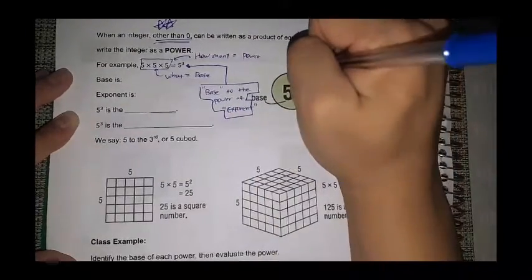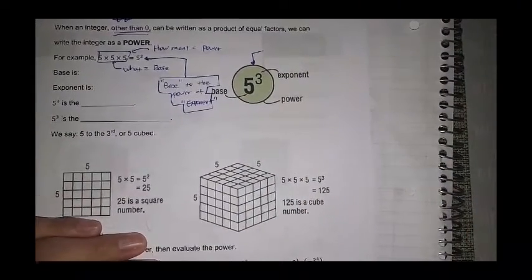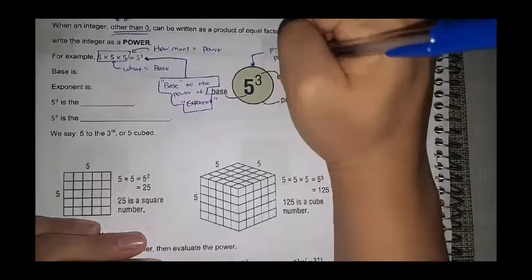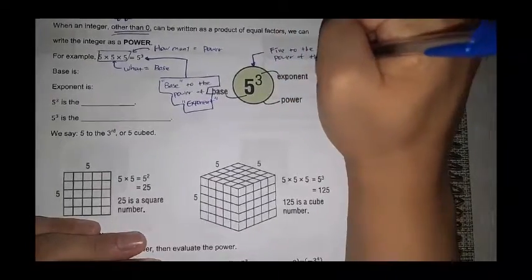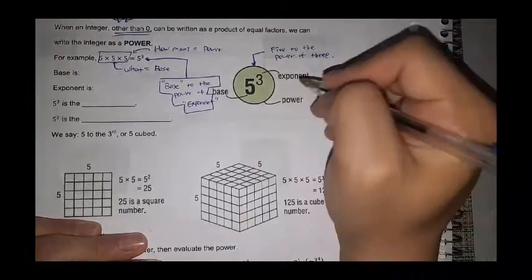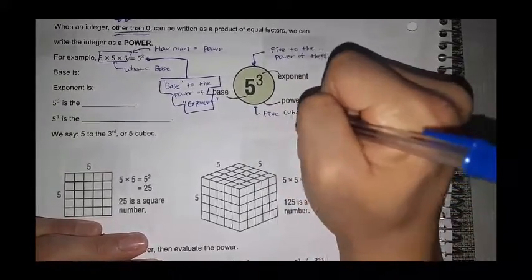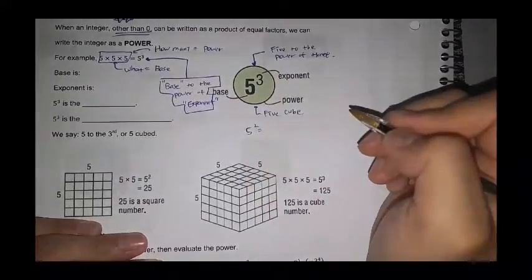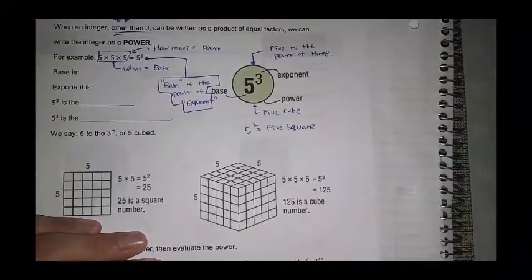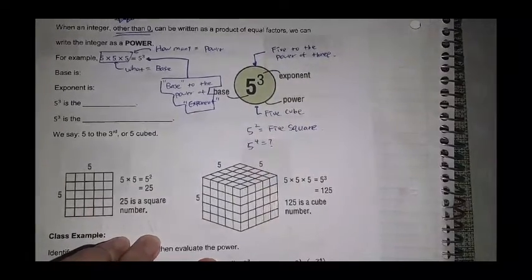So if I look at this specific example, the way that you should read it is 5 to the power of 3. That's how you read. Or sometimes if it's to the power of 3, we call it 5 cube. You can also say that. Just like if it's 5 to the power of 2, we call it 5 square. This is a little shortcut, but how can you say it if it's 5 and 4?